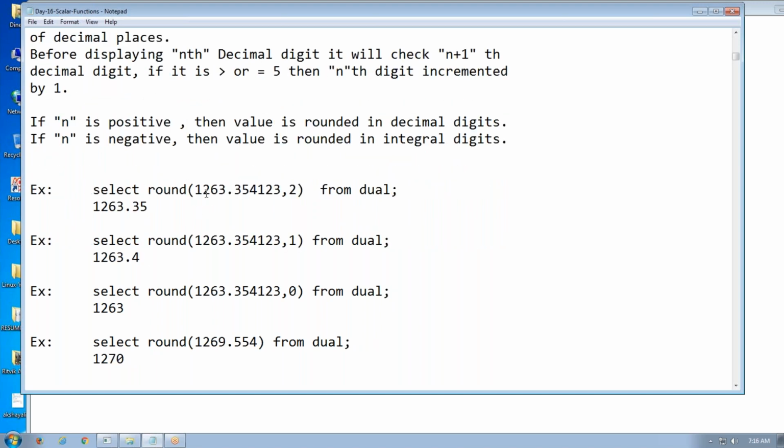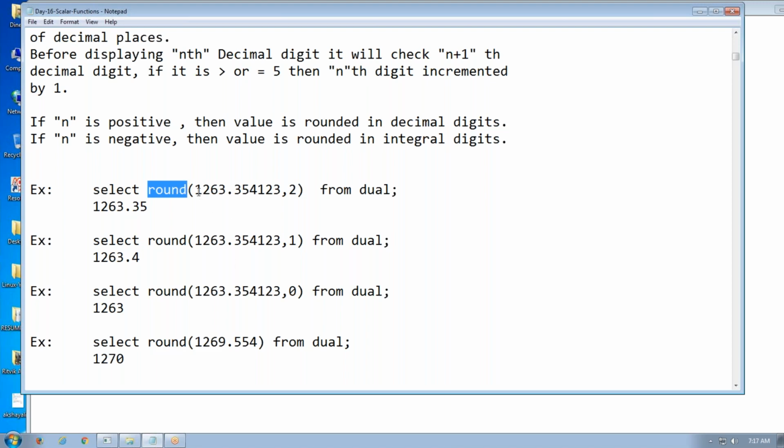Suppose this is your result. Here, I don't need 6 digits after the decimal point. I need only 2 digits. How can I round the value up to 2 digits?